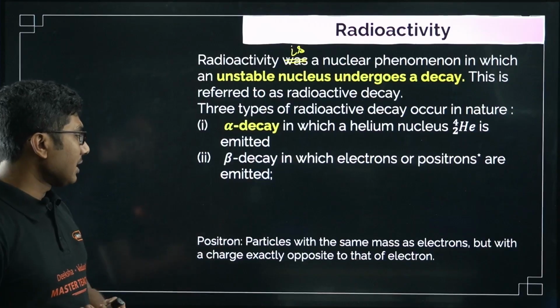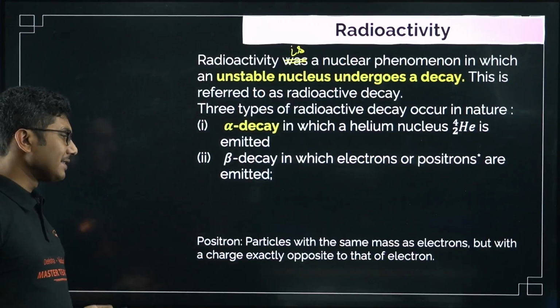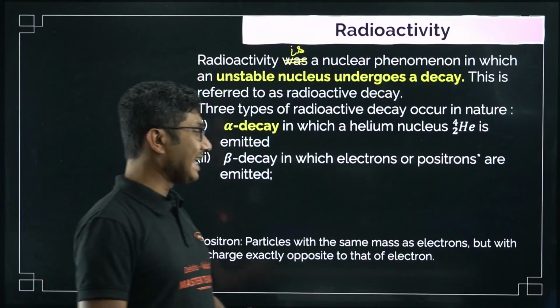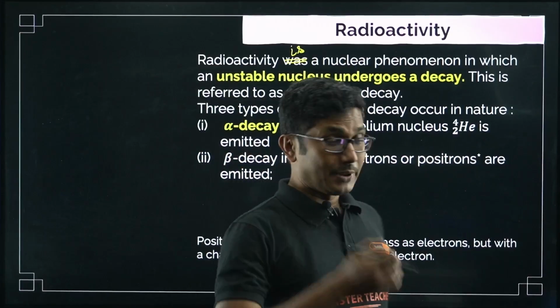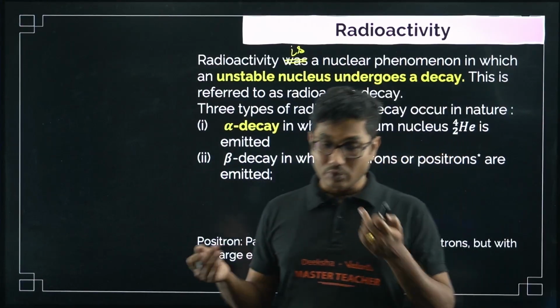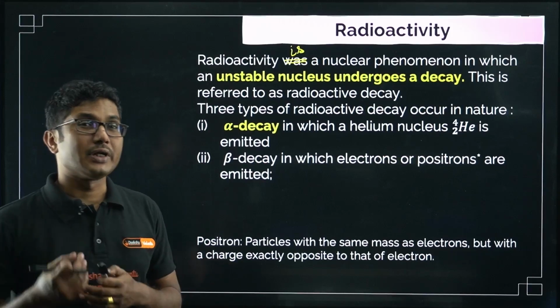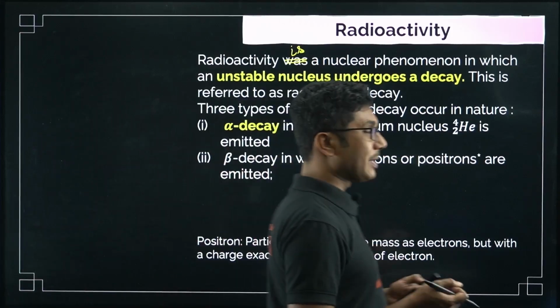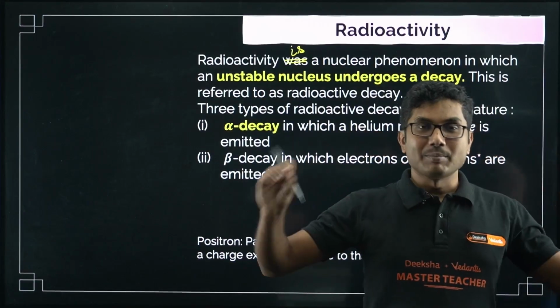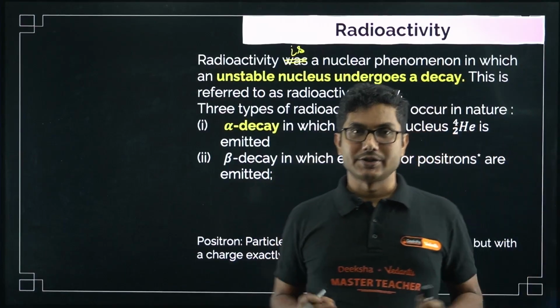Let us discuss it now. Positrons are particles with the same mass as an electron. People sometimes confuse positron and proton. Positrons are considered to be the antiparticle of the electron. What is the meaning of antiparticle? Antiparticle means same mass but opposite charge.